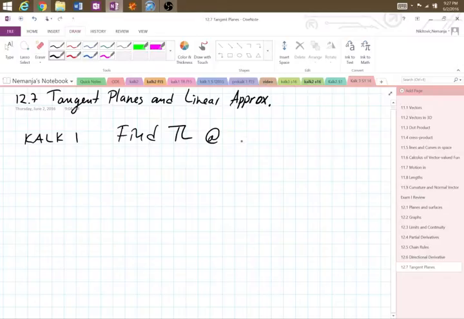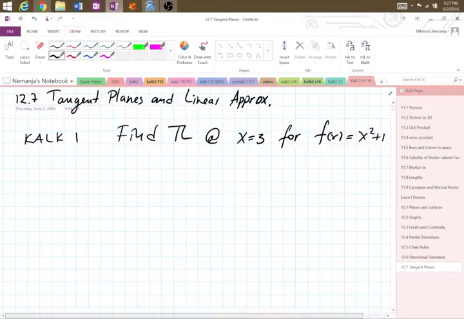at, I don't know, x equals 3 for f of x equals x squared plus 1, whatever. So the way for us to find the tangent line, you either remembered the linearization or you remembered the procedure. They all are equivalent, they're all the same.